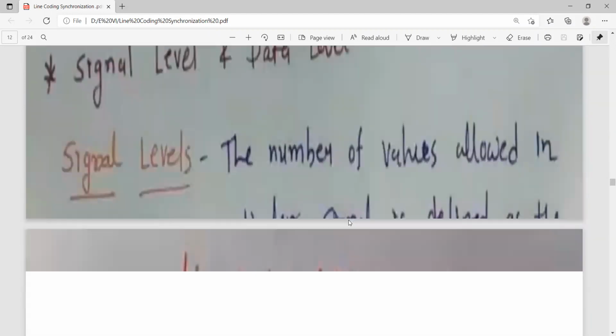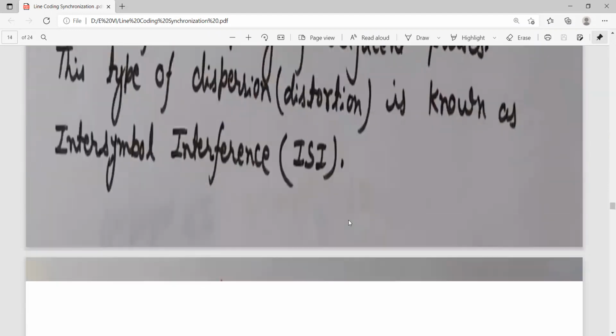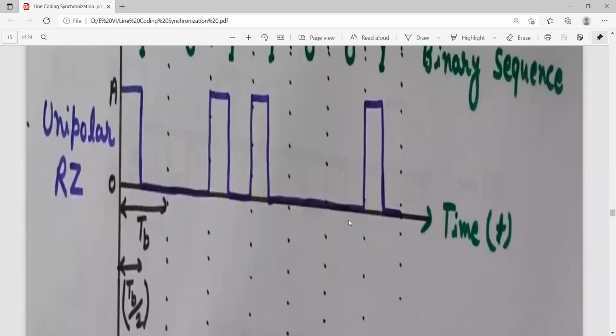Maybe we'll see the examples in the next slides. Let us see.